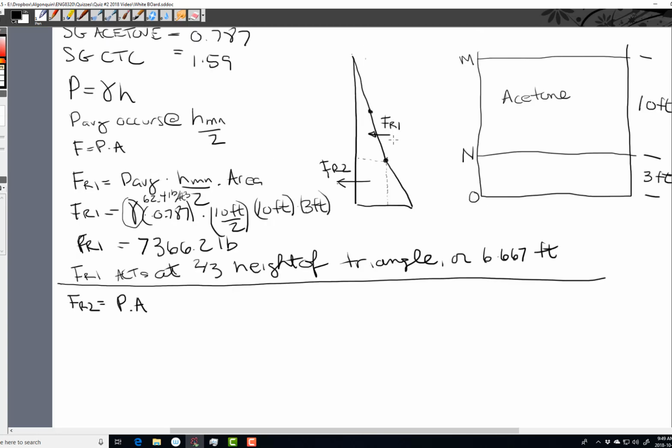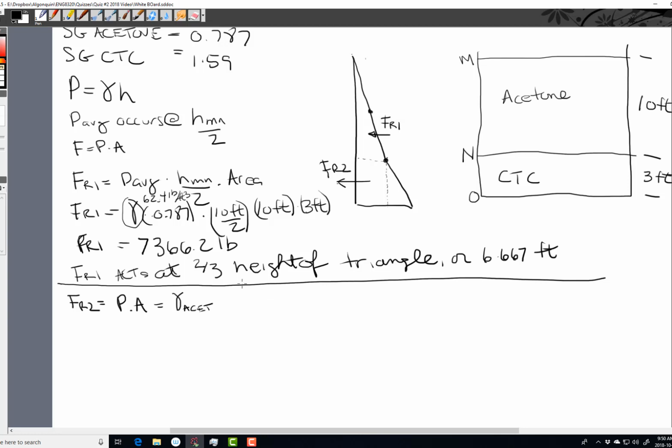That pressure is equal to the pressure at the bottom of the acetone. Recall this is carbon tetrachloride, CTC. So this is an average pressure, and the pressure is equal to the specific weight of acetone, ACT, times the area, which is equal to 0.7, sorry, let me undo that for a second.